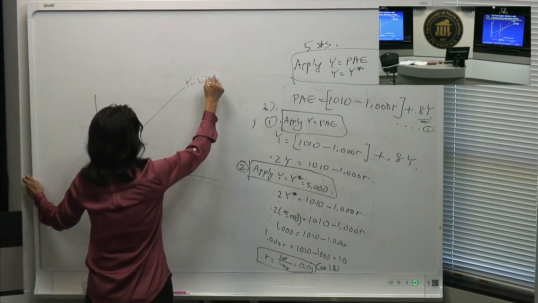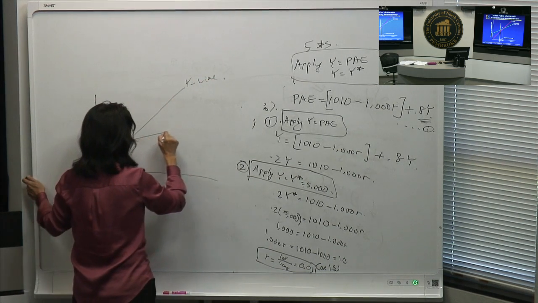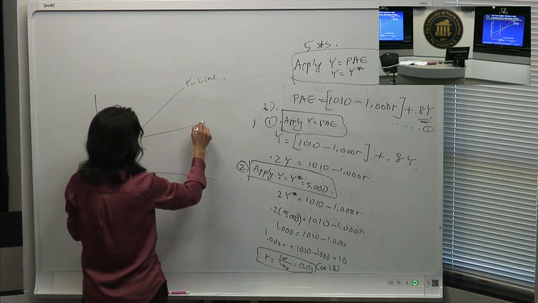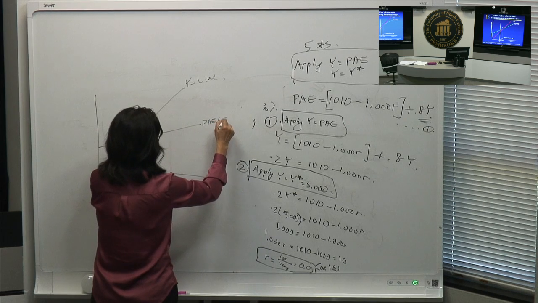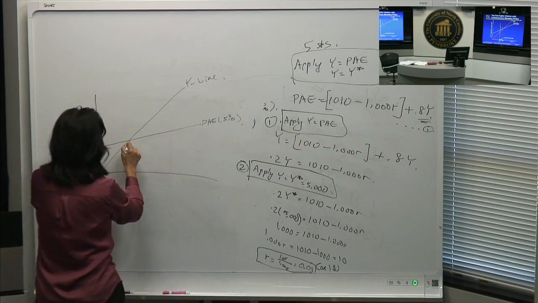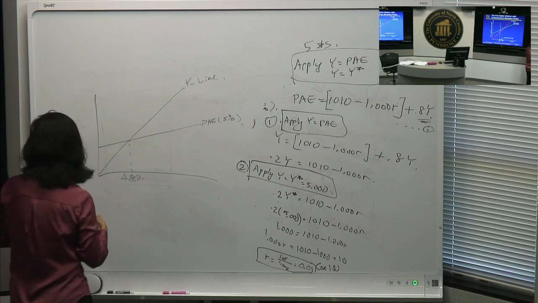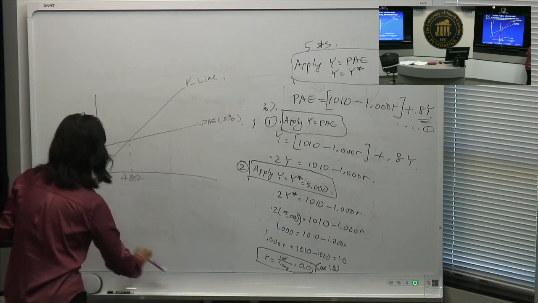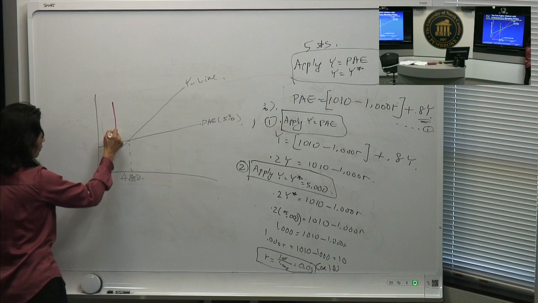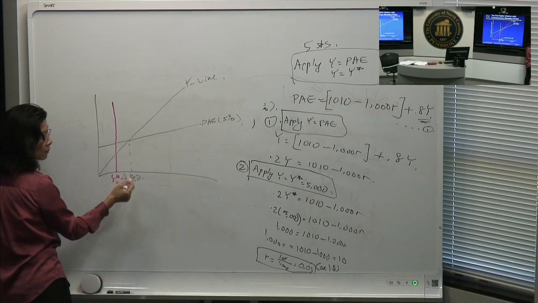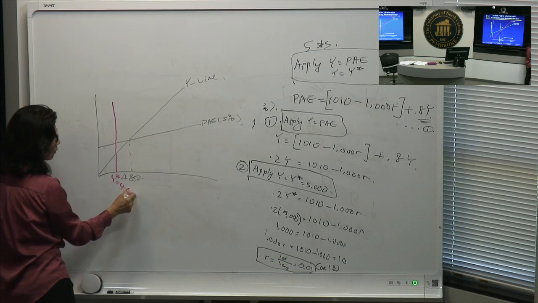So start out with the income line. Again, your PAE line has a slope. It's not a horizontal line. It's not flat. So this is PAE. Again, we start out with 5%. And this is our 4,800. But now we're going to draw this potential GDP to the left of Y. So this is now 4,600.